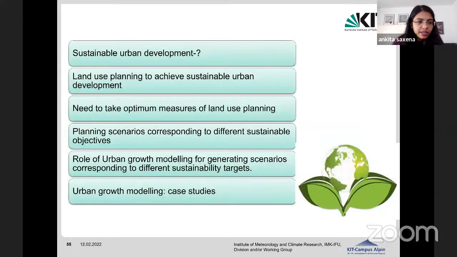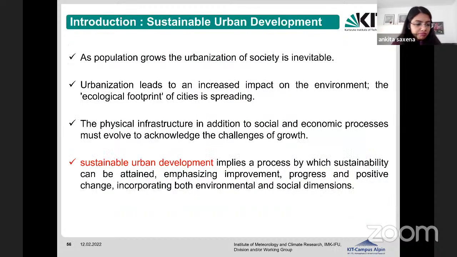Urbanization grows as population grows, and it is also affecting the population indirectly. If population is increasing and urbanization is increasing, it is again affecting that whole population in terms of climatic consequences and environmental consequences.